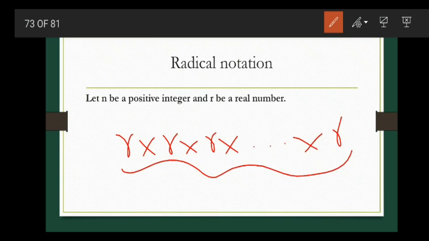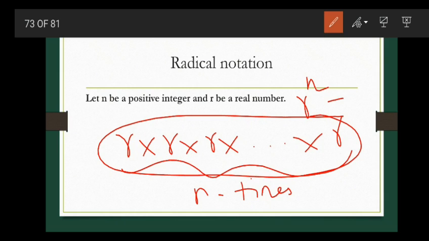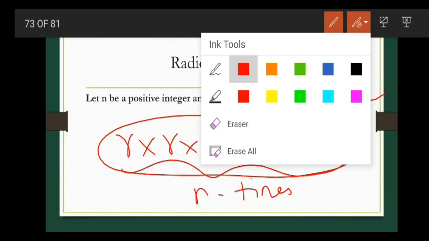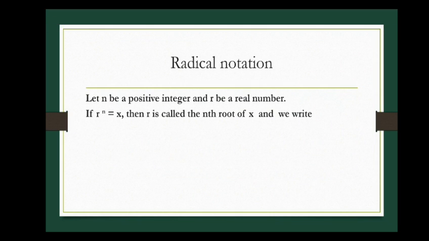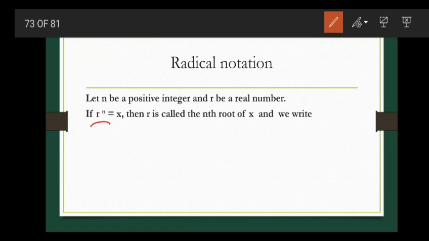We are multiplying r with itself n times, which means we are doing r power n. When you multiply r with r n times, you will get a number, that is equal to x. So if r power n is equal to x, then we'll call this r as nth root of x.